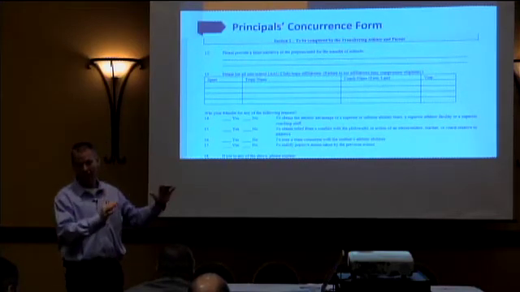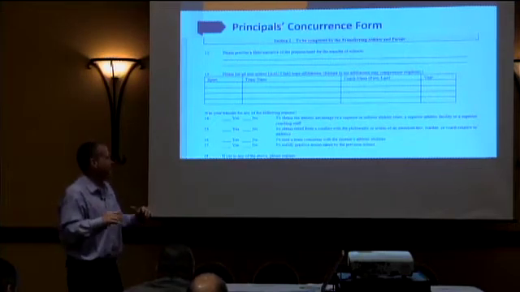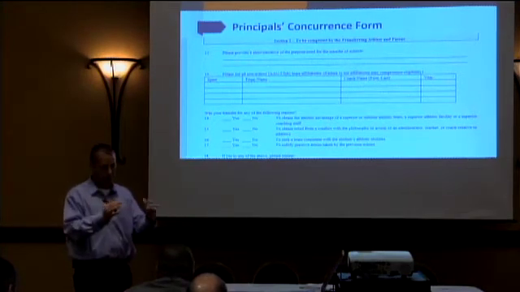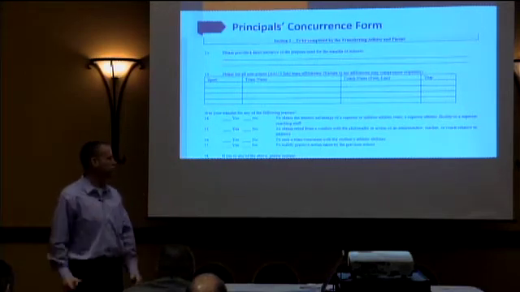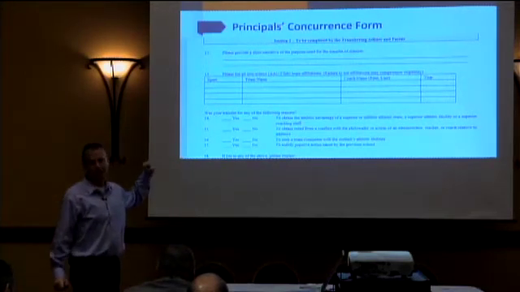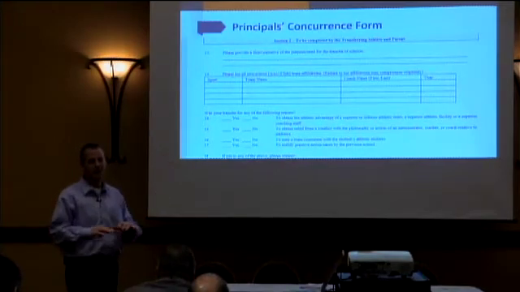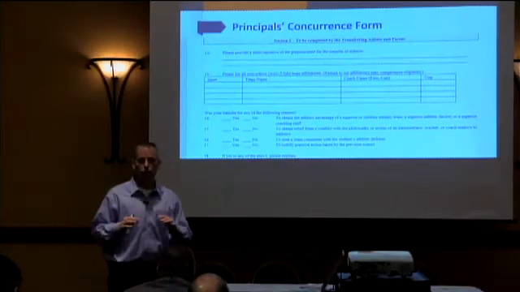So that's why it's here. You may not like it, but it's there. Our board, the ad hoc committee, our staff generally feels like this is good information to know.